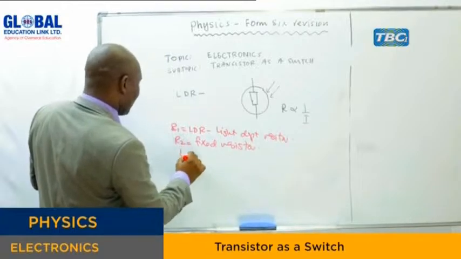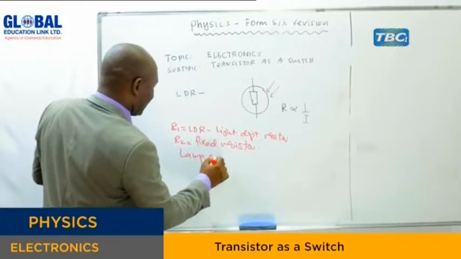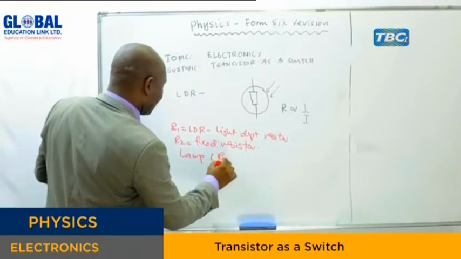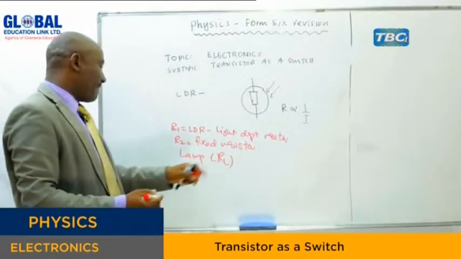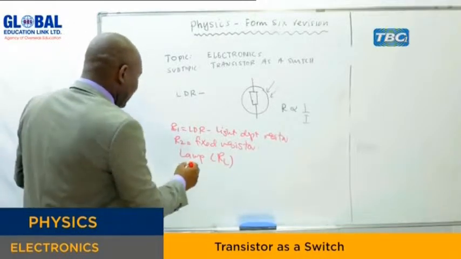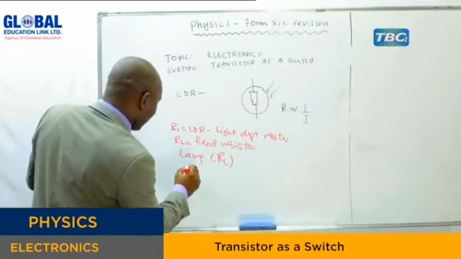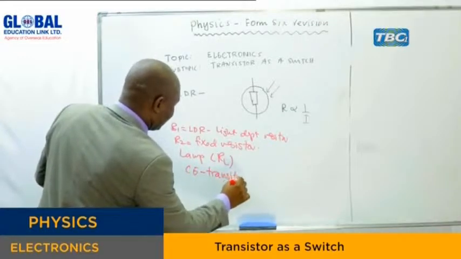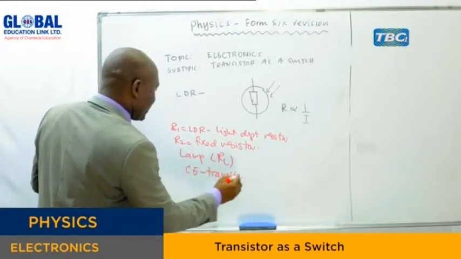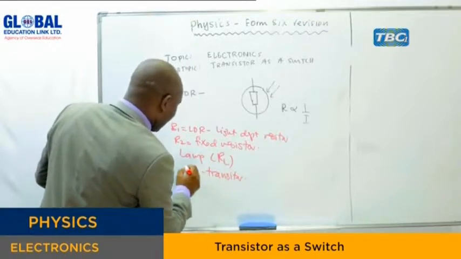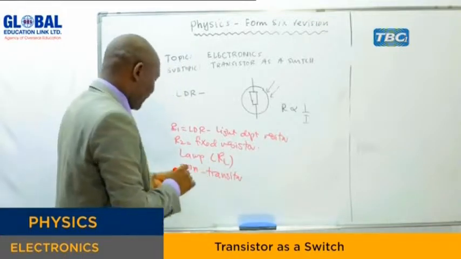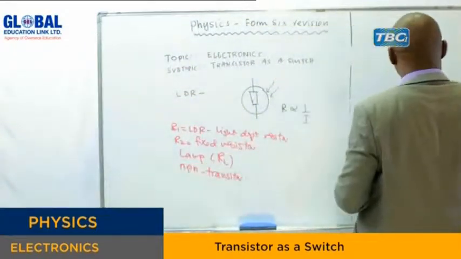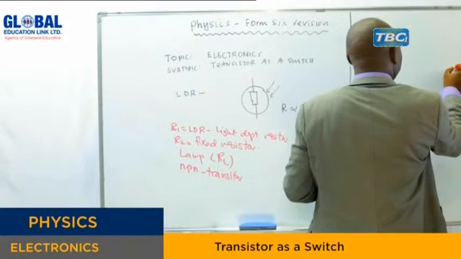Then you have the lamp, which is supposed to replace the output resistor, and the common emitter NPN transistor. I prefer using the NPN transistor. So step number 1, you draw the circuit.